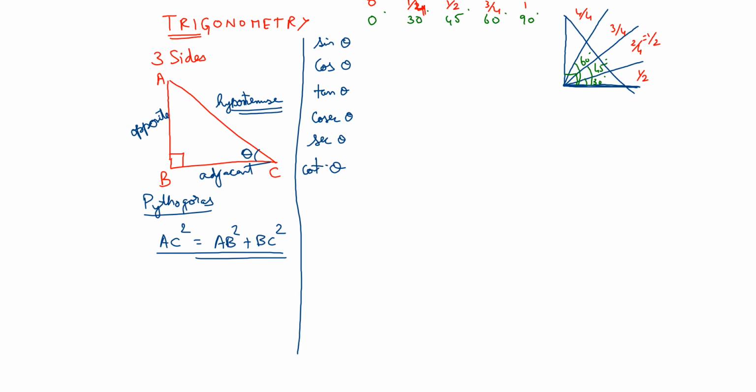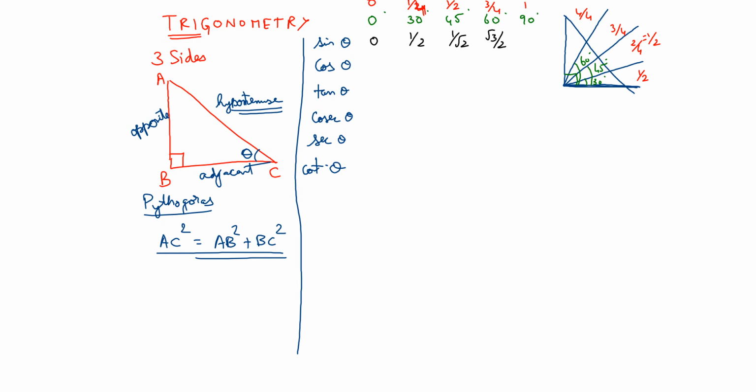Now we can take the square root. The square root of 0 is 0. That is the value of sine 0. And then sine 30 degree: what is the square root of 1 by 4? 1 by 2. The square root of 1 by 2 is 1 by root 2. That is the value of sine 45. The value of sine 60 is the square root of 3 by 4, which is root 3 by 2.